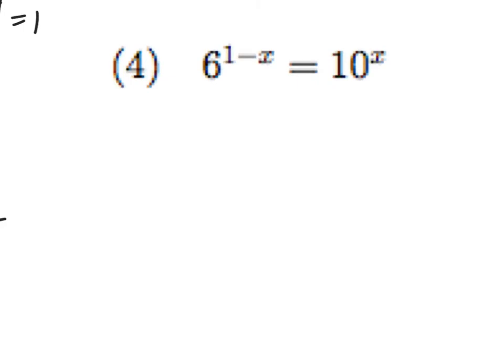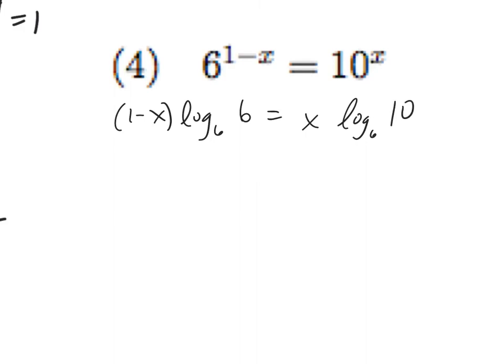We can take the log base 6 of both sides. That'd be kind of cool. Let's try this. 1 minus x log base 6 of 6 equals x log base 6 of 10. So now we have 1 minus x over here because this canceled each other out.